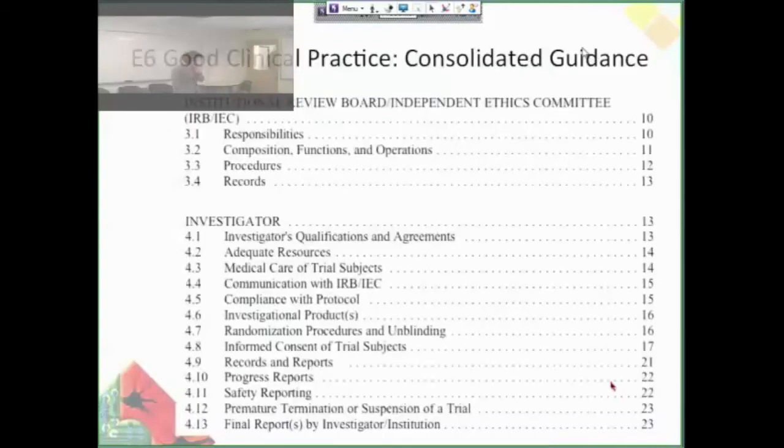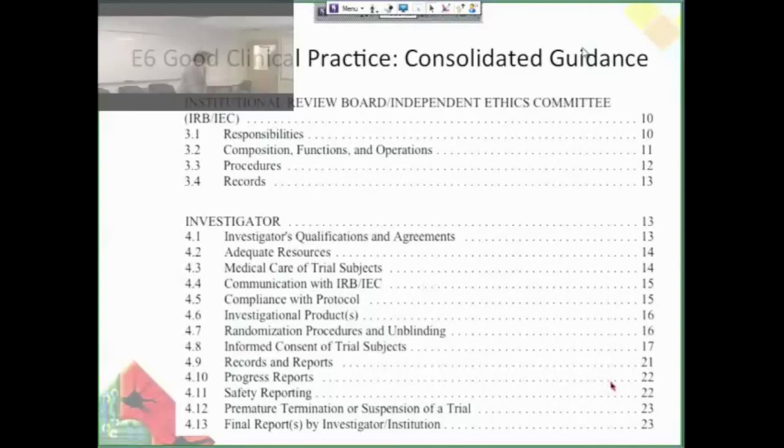So these are just some snapshots of the table of contents of the Consolidated Guidance for Good Clinical Practice. So there's first a section on the Institutional Review Board, the IRB, and ethics. Then they talk about the investigator of the clinical trial and what qualifications they should have, how they should be complying with the protocol, randomization procedures, recording results, reports, what happens if you have to terminate a trial early, or when do you know if you have to terminate a trial early.